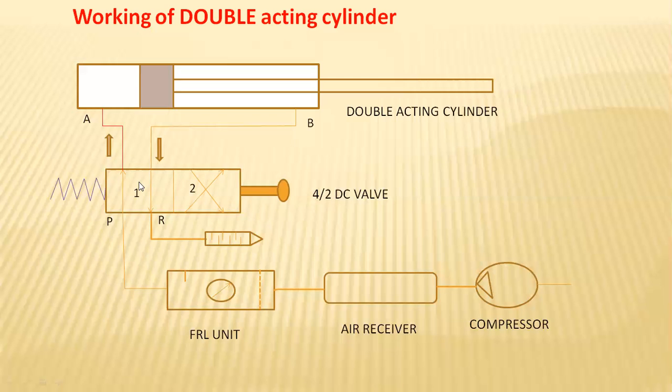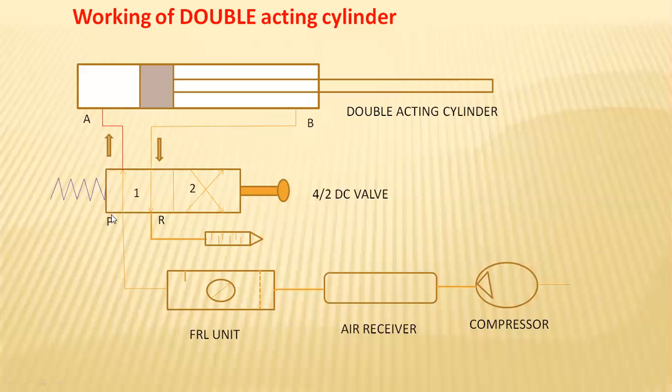The second position comes into force when we apply pressure here. The FRL unit is connected here, and with this position in force, the compressed air will be entering into B.